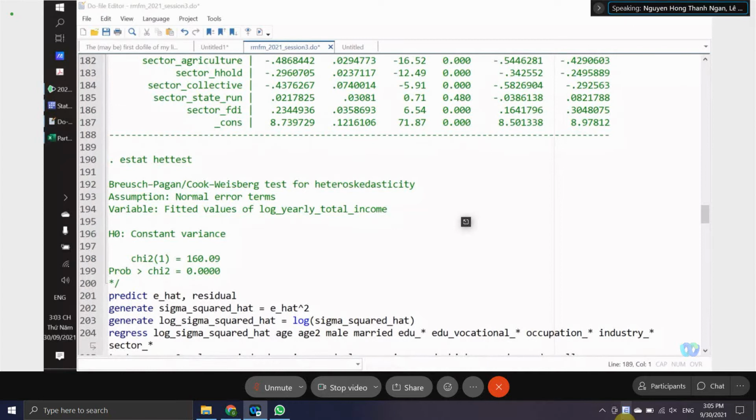Should we reject the null? Be brave. Just express your opinion.